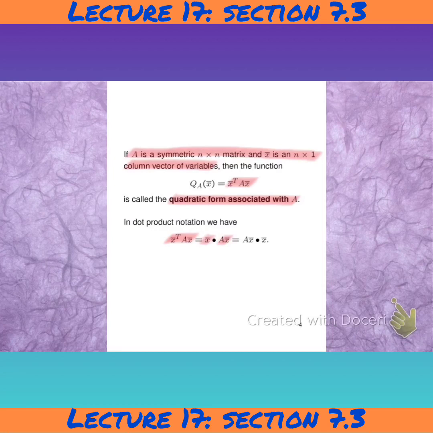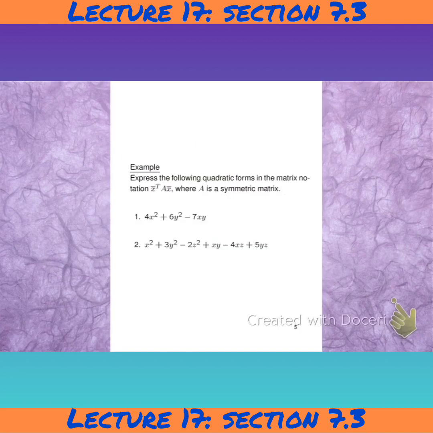And the dot product is commutative, so you can switch the two around there. Right, so the next question, they ask us to express the following quadratic forms in that matrix notation, where A is a symmetric matrix.